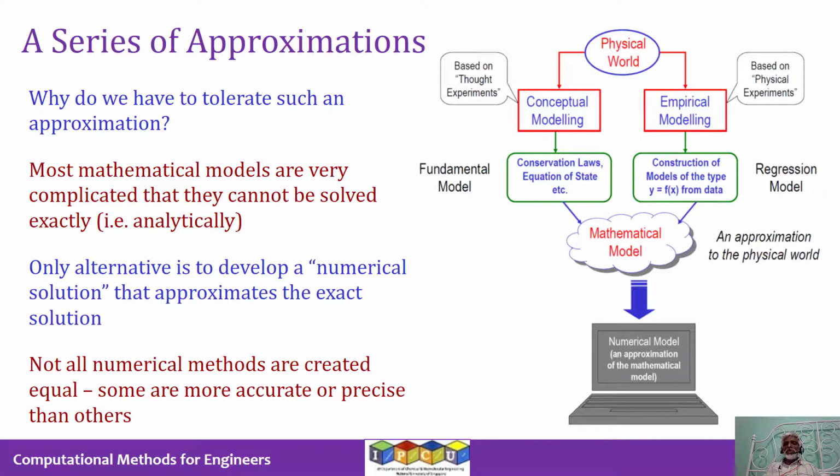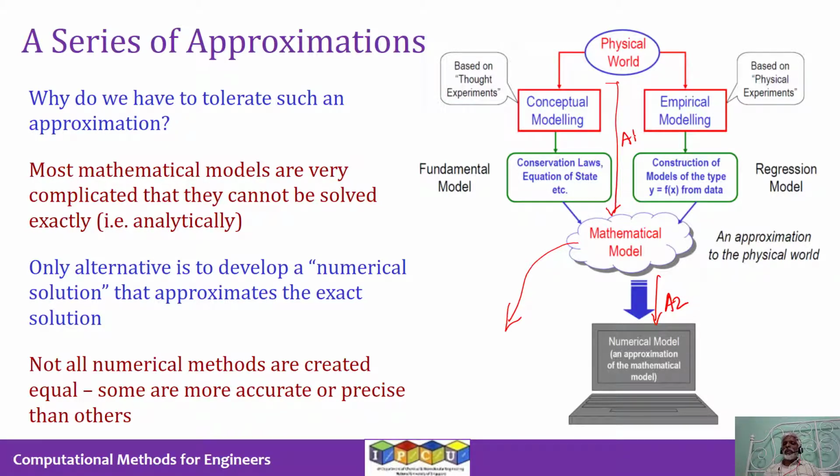So we mentioned all this in an earlier video. There is one approximation as we go from here to here, and if this mathematical model is simple, then we would go for the analytical route. If the mathematical model is complex, as we will assume in this course, then we will adopt the numerical approach. So this will be approximation 2. This one is approximation 1.